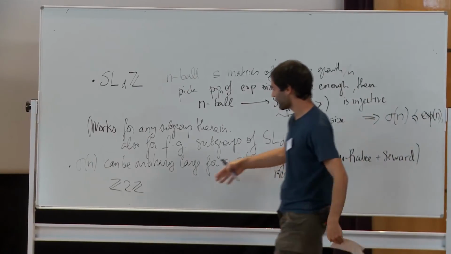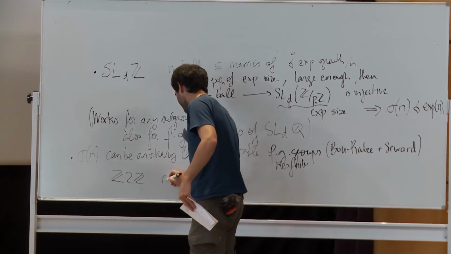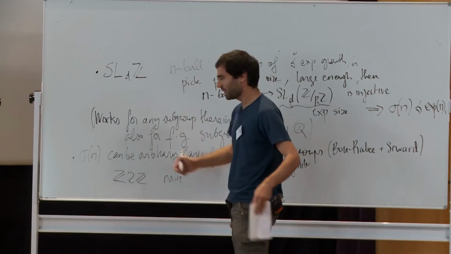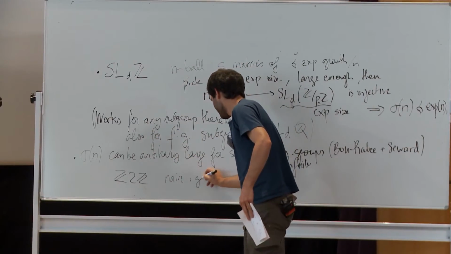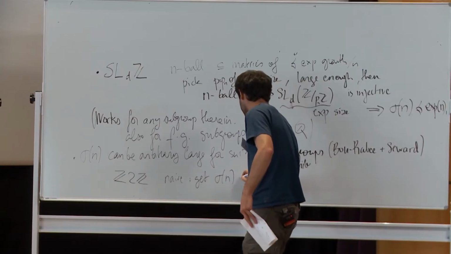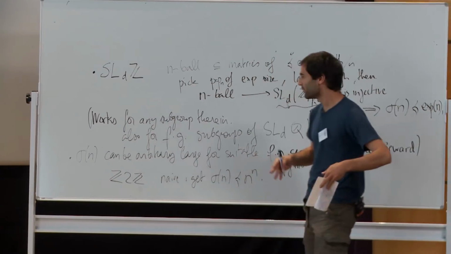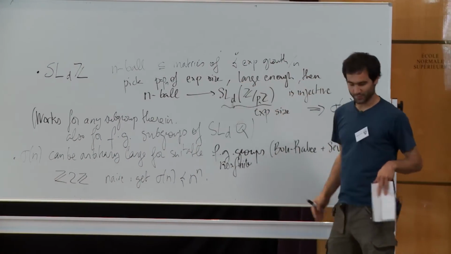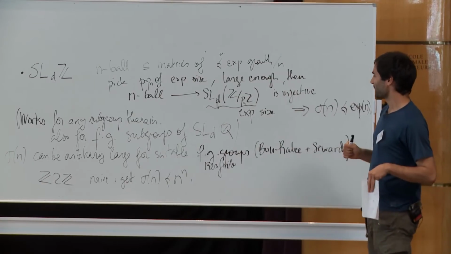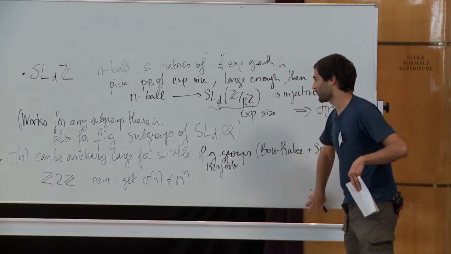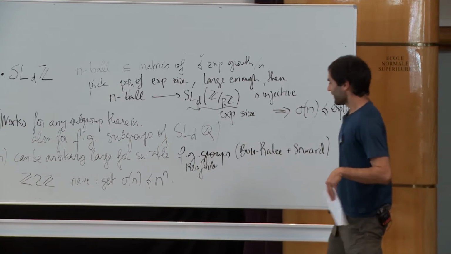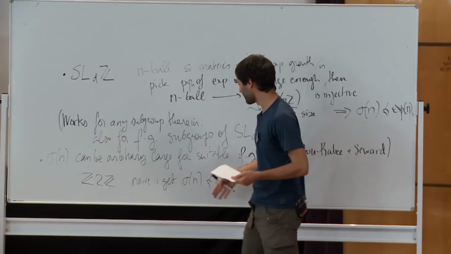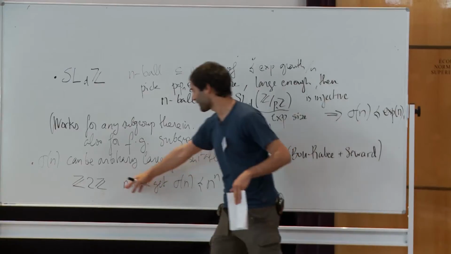But it's an example for which, if you get a naive reduction, you get sigma of n is at most n to the n, if you do a kind of stupid congruence subgroup argument. And at some point I was really expecting that you get some interesting behavior.